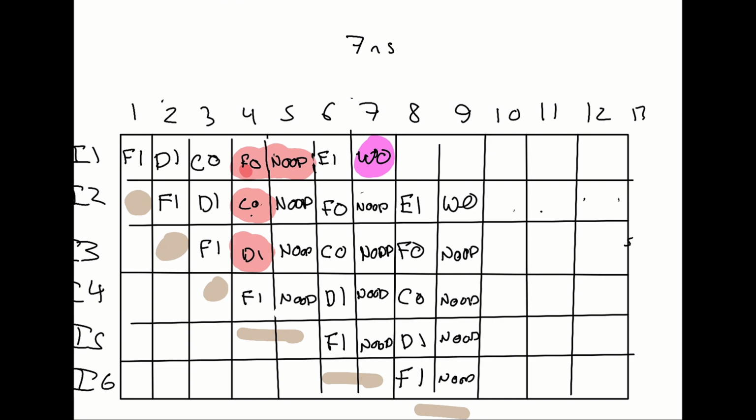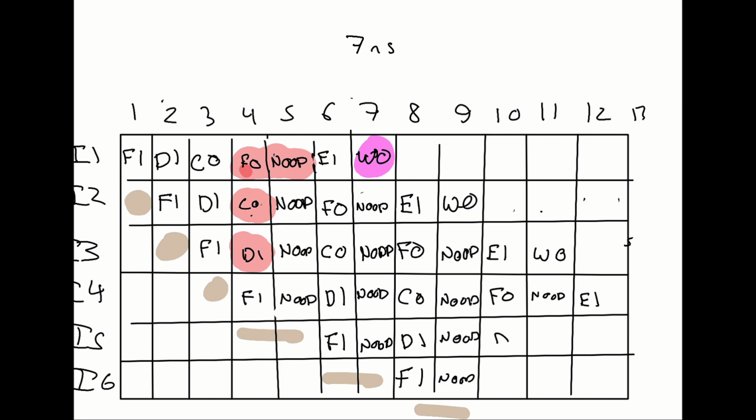And similarly here, if I go ahead and fill out the remainder of this chart, EI will run here, and then WO would run here, and then FO runs here, and then we got a NOP here, and then eventually, what's after FO? Fetch operand, execute, yeah, execute instruction.